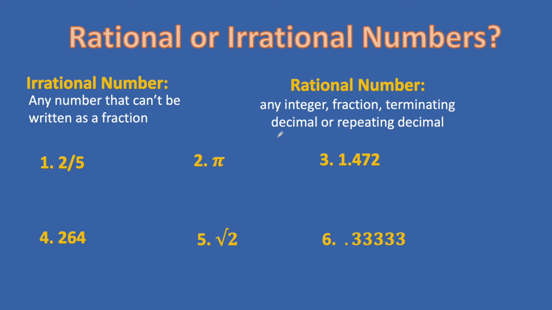And you can watch the other video on rational numbers to get more details about what is considered a rational number. So this is the definition for a rational number. And an irrational number is basically anything that is outside of those categories. It's any number that cannot be written as a fraction.